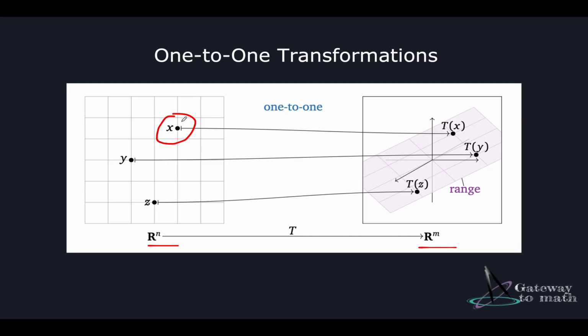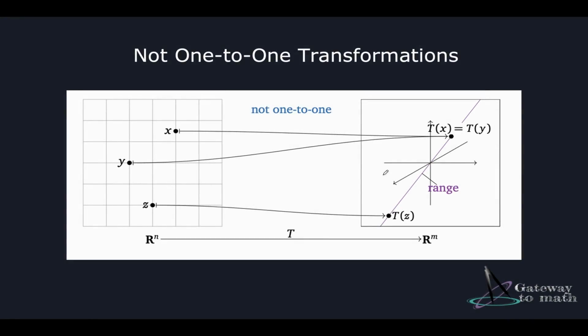So you have one value here, and when you map it, there's just one single mapping against this variable. Similarly for y we have one T(y), and for z we have one T(z), and so on and so forth. So this is a one-to-one transformation because there's just one value in the domain being mapped against one value in the output section.